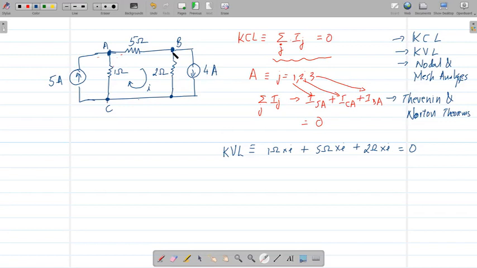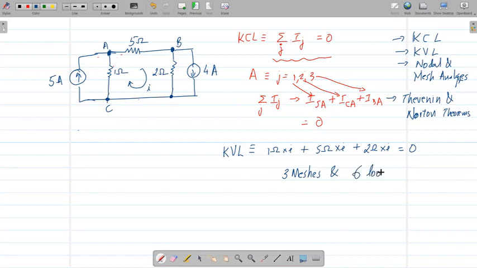So this is a circuit where you have how many loops and meshes? Let's count it. We'll write it down under KVL itself. So the circuit has 3 meshes, and how many loops? This is a puzzle. So it's 1, 2, 3, 4, 5, 6, I guess.